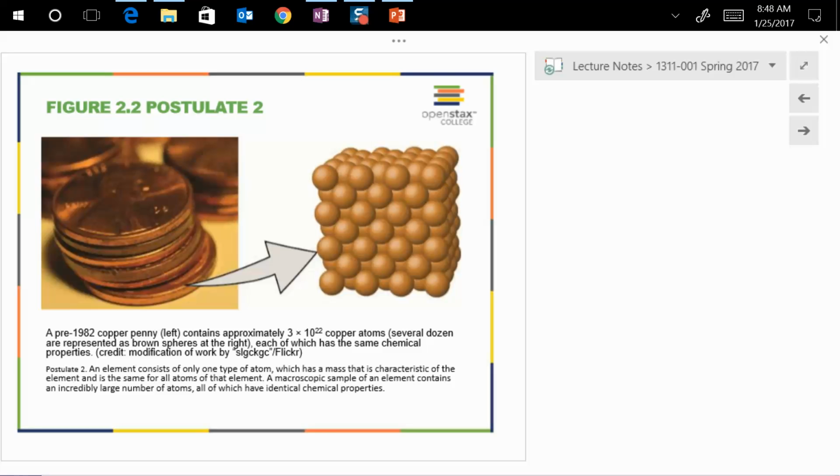Instead of 63.546, it would be 63 or 64. We'll explain why, but not every atom of copper has the exact same mass. So he postulated that, but it's no longer completely accurate. It's a good postulate though.